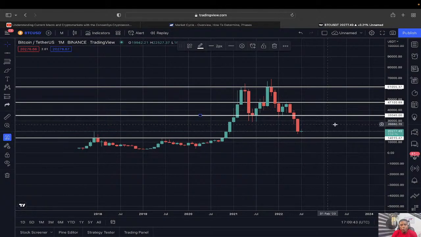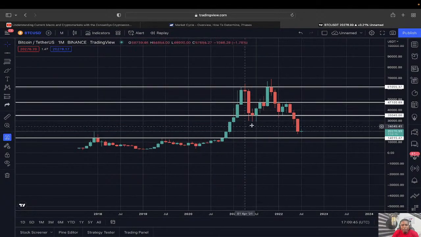Good. So now you can see we have been able to map out the key resistance level.